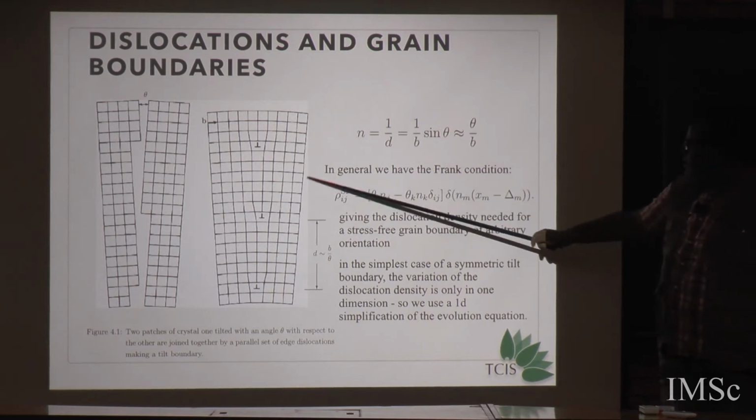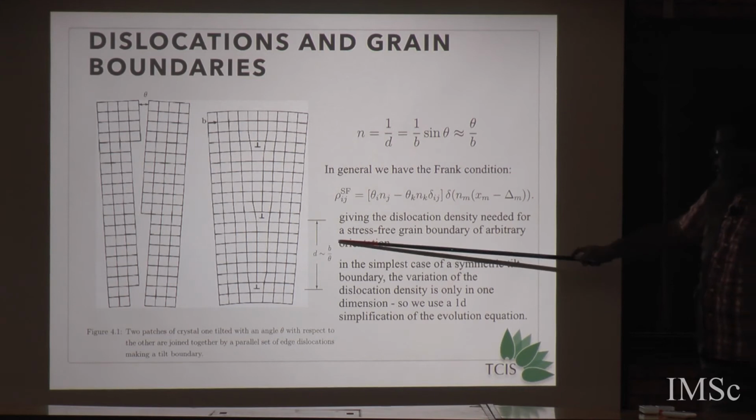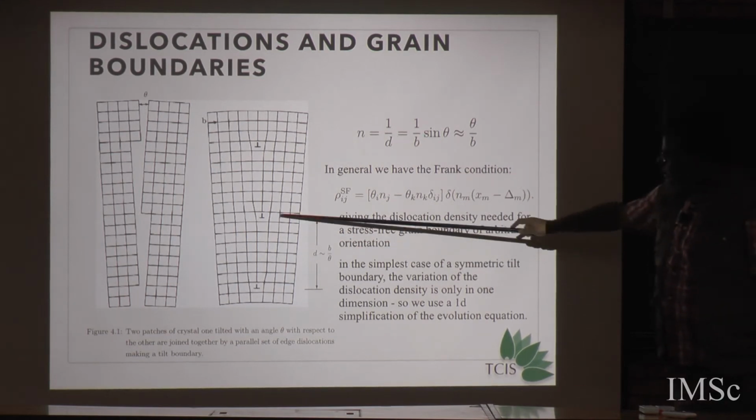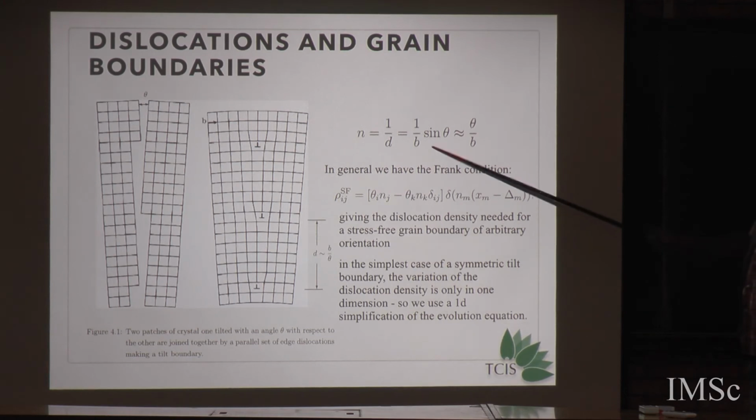A little bit of inspection will tell you that the dislocation density is equal to 1 by the distance between dislocations, and that is just 1 by the Burgers vector times sine theta, which is just theta by the Burgers vector. This is a simple example of the Frank condition, which can be written in complete generality as this.